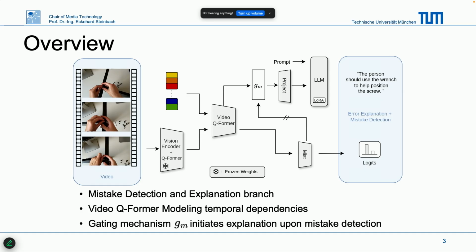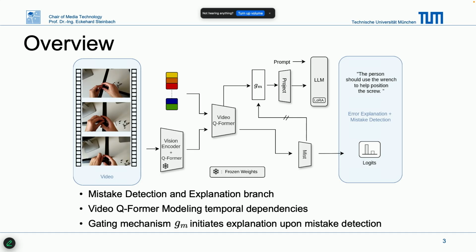The features on the lower branch are passed to the mistake detection branch, where we just leverage a linear classification layer to output the corresponding mistake logits.